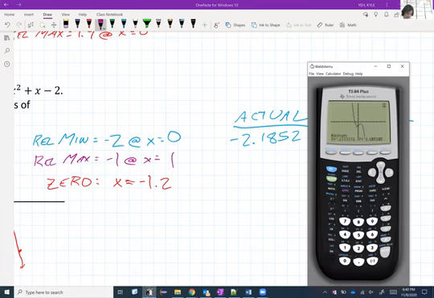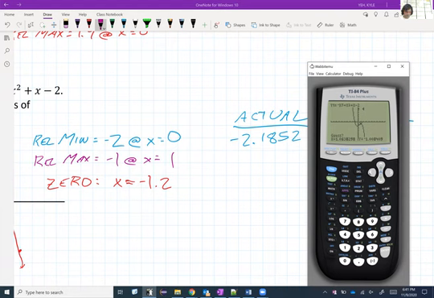So I'm going to go second, calculate. This time select, I want to calculate the maximum value. It says give me a left boundary, so I'm going to move it a little bit to the left of where I see that relative max. A right boundary, I'm going to move it a little bit to the right of where I see that relative max. Hit enter. It asks me to guess.